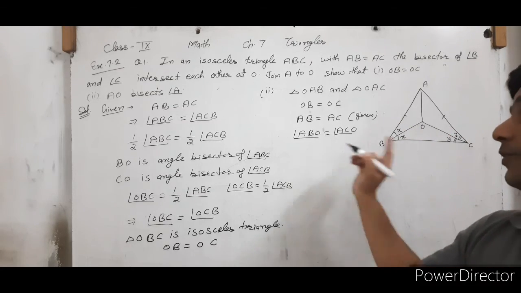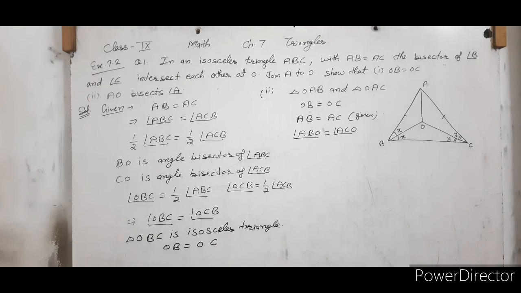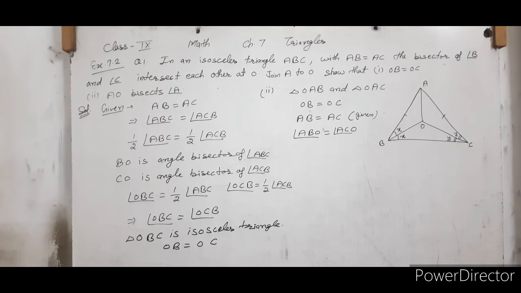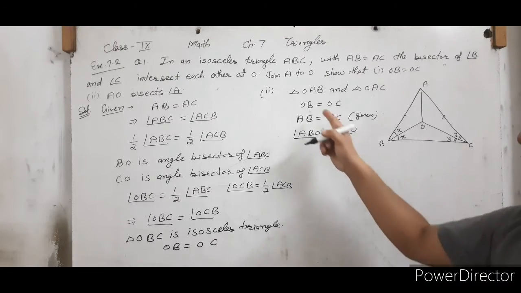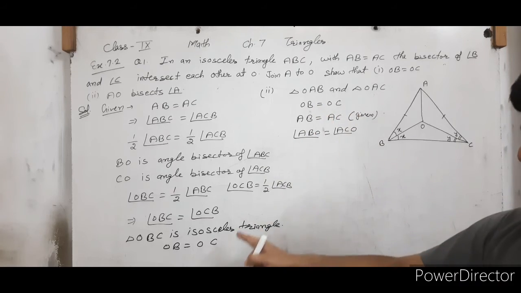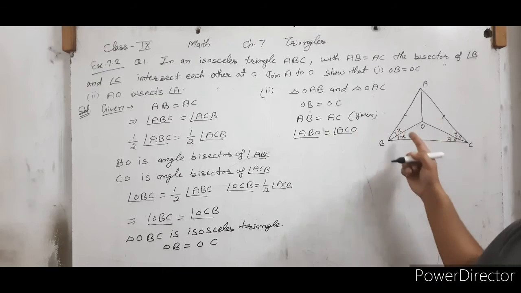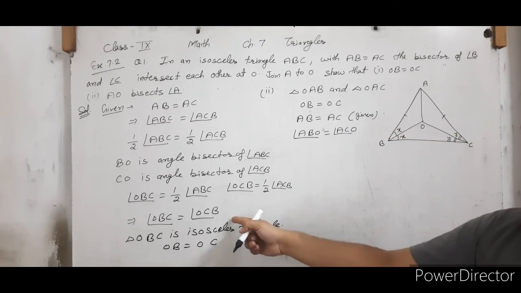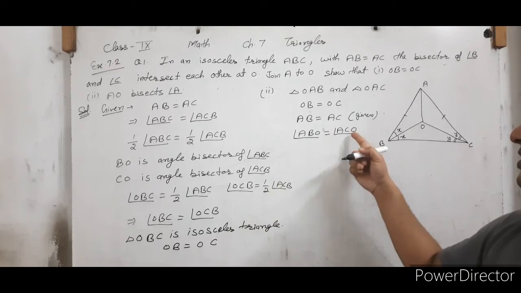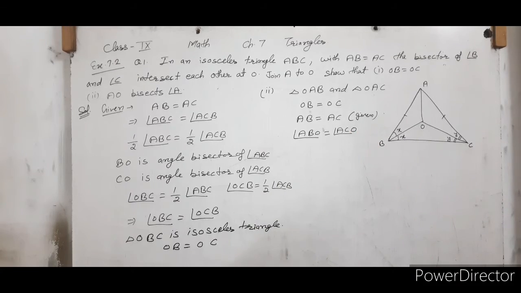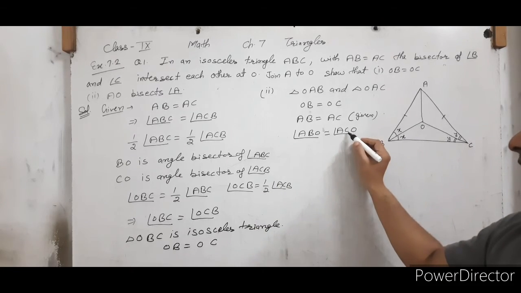And by the SAS property, because we haven't studied the SSS property yet, we will use this property. OB is equal to OC, we proved already in the first part. AB is equal to AC, it's given, and X is equal to Y, we proved. So angle ABO is equal to angle ACO.